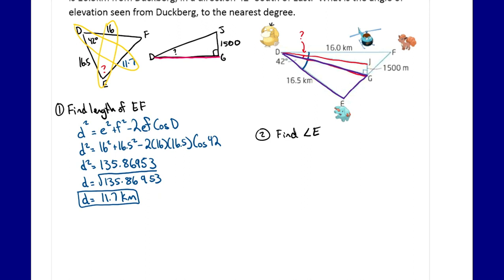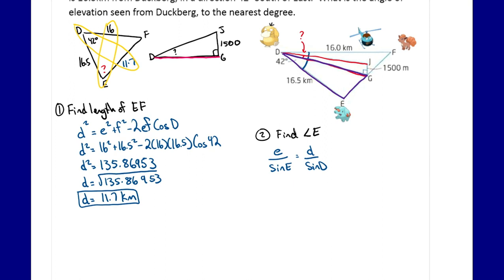Sine law is a ratio between a side and the sine of its angle, between all three pairs. So we have side e over sine E, which is equal to side d over sine D.